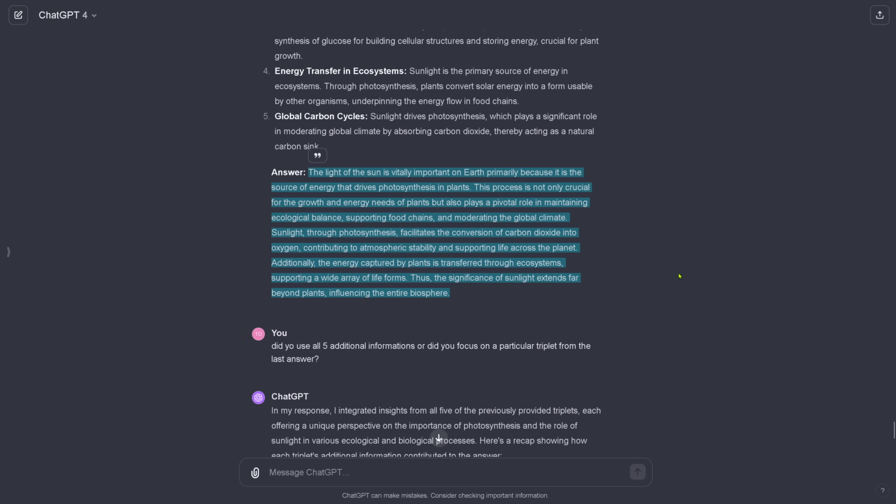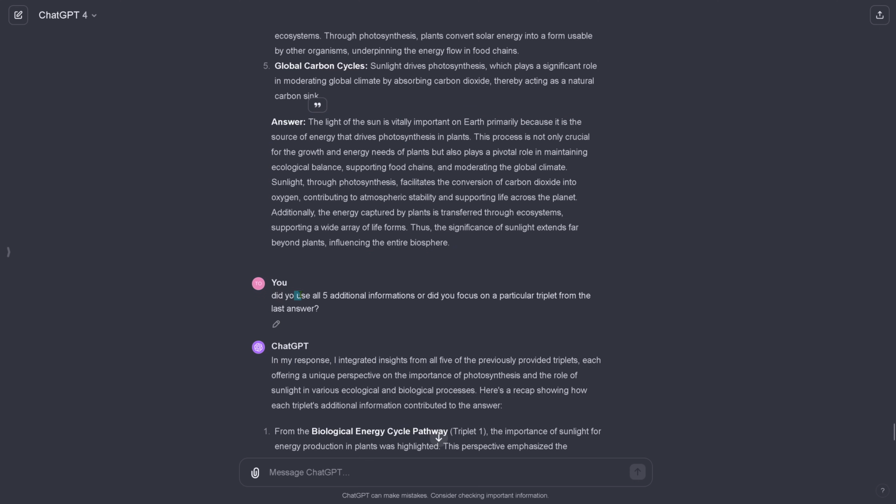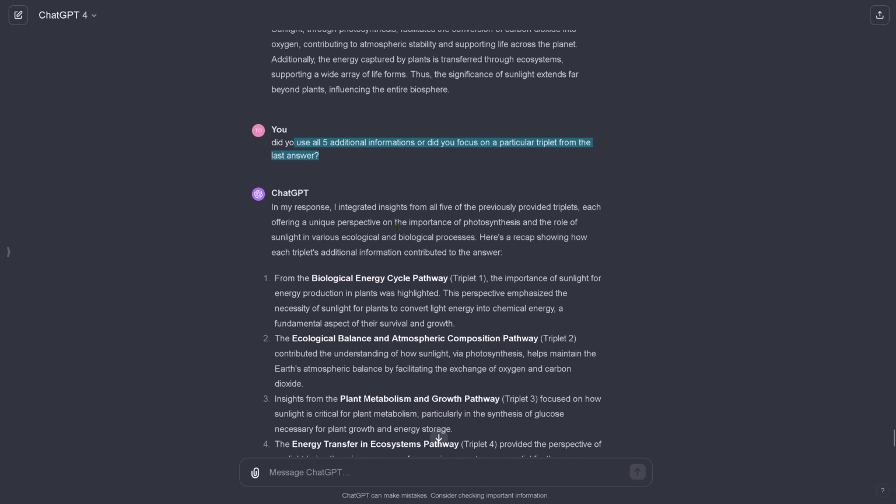And now I say, hey, did you use all 5 additional pieces of information, or did you focus on a particular triplet only from the last 5 triplets given in the last answer? And GPT-4 comes back, hey, in my response, I integrated insights from all 5 of the previously provided triplets, each offering a unique perspective on the importance of photosynthesis and the role of sunlight in various ecological and biological processes.